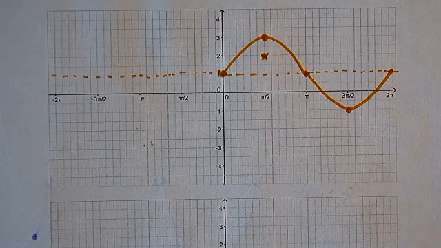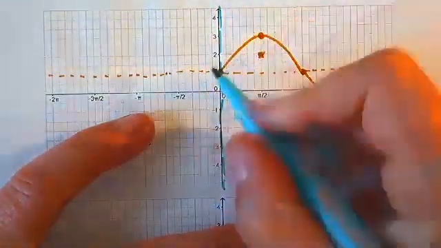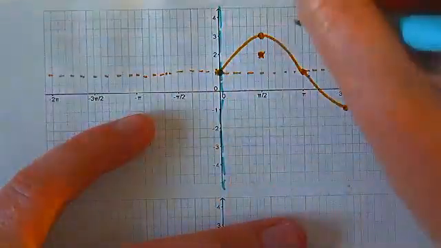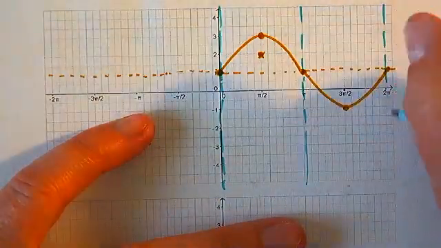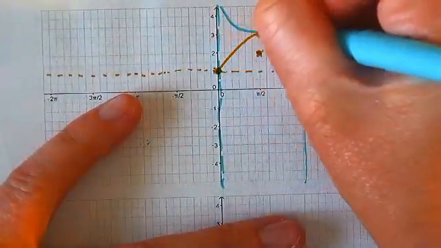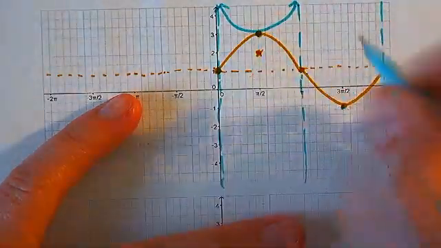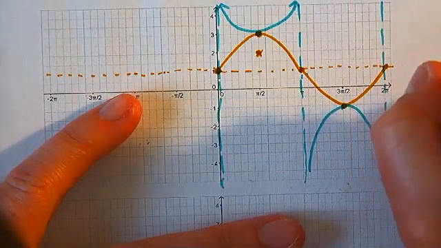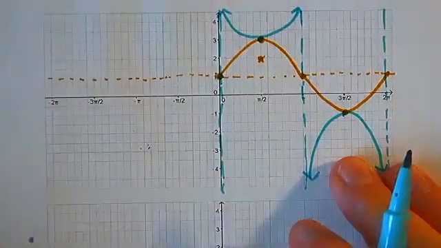Right, and then what makes this a cosecant graph is that we have asymptotes on the points that are on the midline. And then I just draw parabolas that approach the asymptotes and have vertices on the peaks and the valleys. That's it. It's the quickest additional step for you guys to add to what you already are so good at.